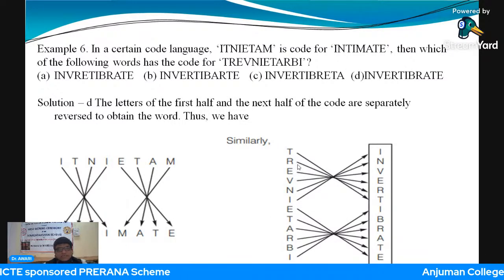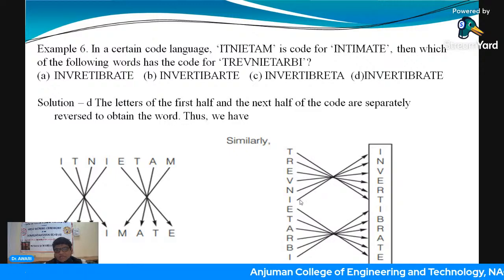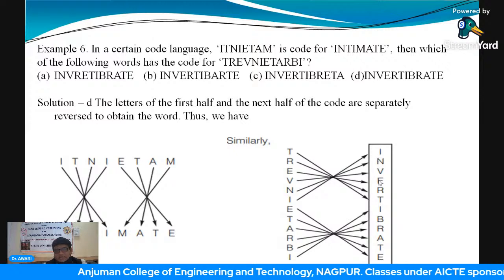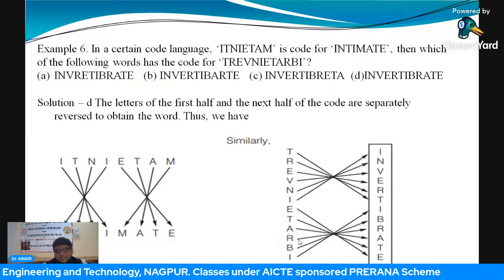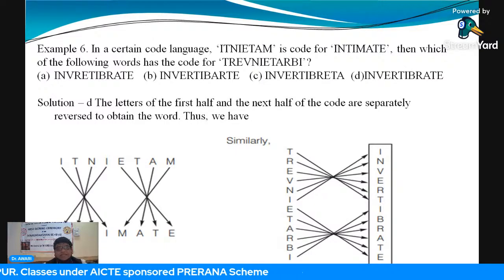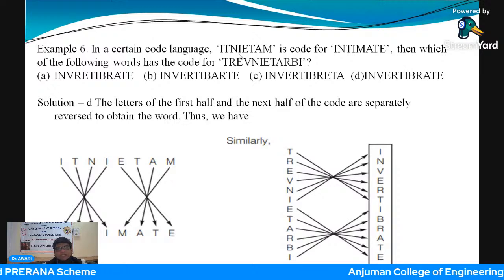So what is being asked? TREVNI can be written as INVERT. And second, ETARBI can be written as IBRATE. So we have broken this into two parts.